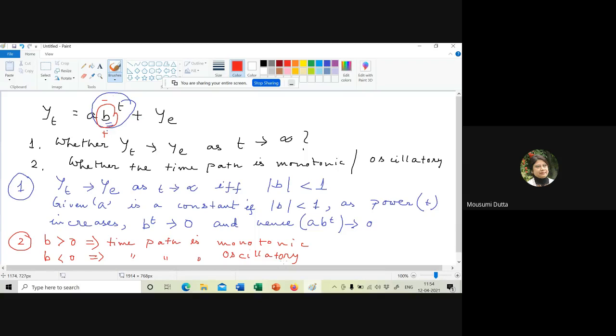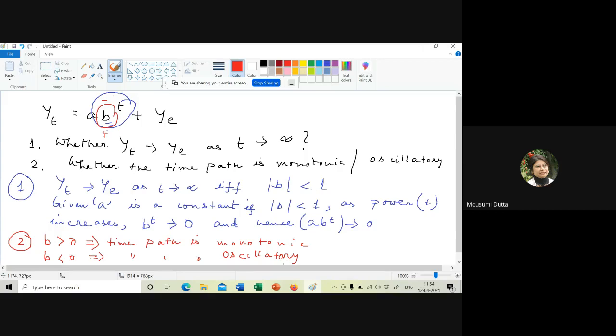Those who thought that B has no role to determine the nature of the time path, I hope they are understanding B is determining the entire nature of the time path.